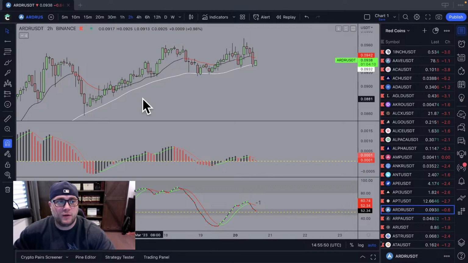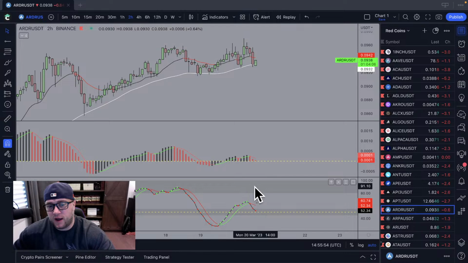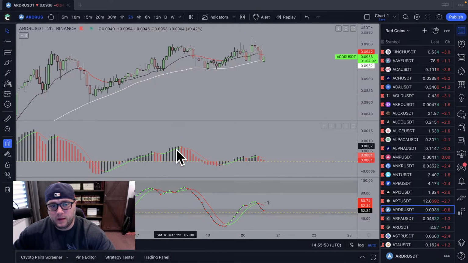Like ARDR right here, we have momentum downwards, but we really want this really high up here into the gray zone. The gray zone is key. And like right here, we don't clear the moving average. Right here, we clear the moving average, but your price, your candlestick is not showing that we're going to head down.